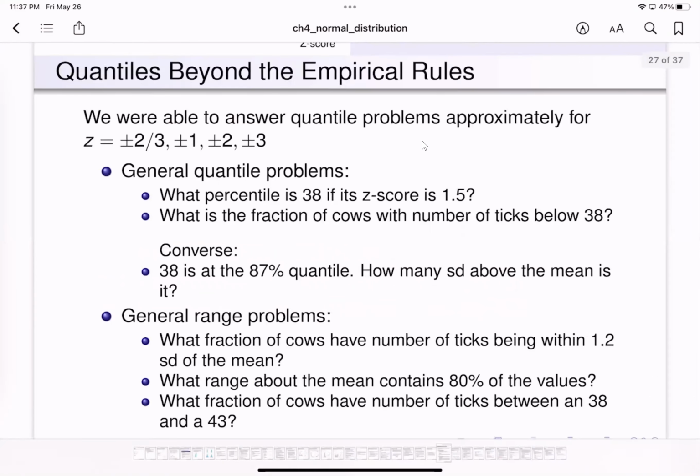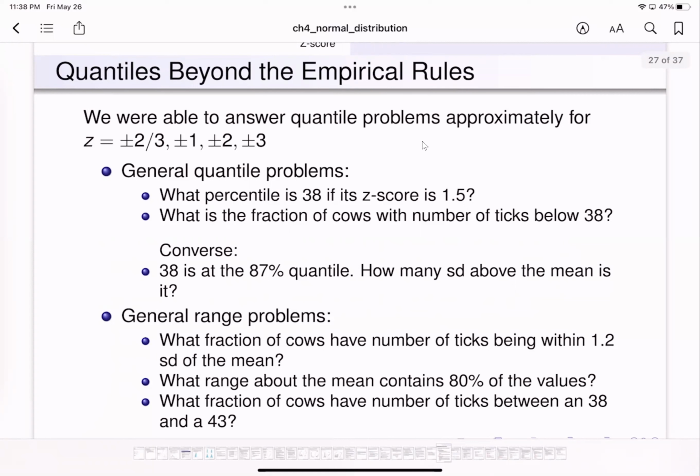For quantiles beyond those from the empirical rule, we can actually compute them with R. We do not really want to use this kind of percentage or z-score to compute.